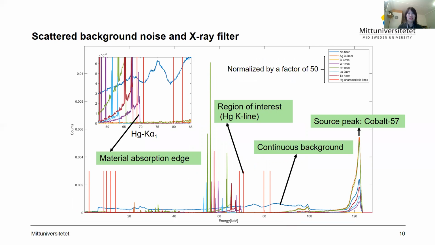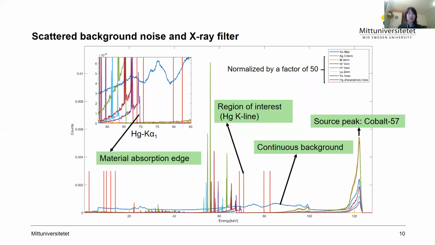We investigate a radioactive cobalt-57 source, providing 122 kiloelectronvolt photons as its main energy line. However, for high-energy photons, the generated background signal is stronger than for low energies.